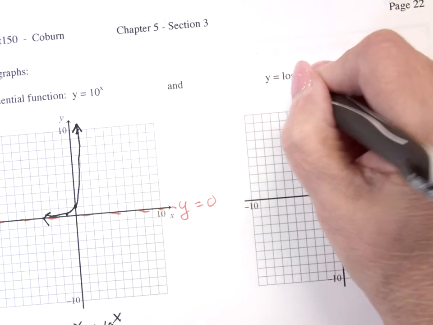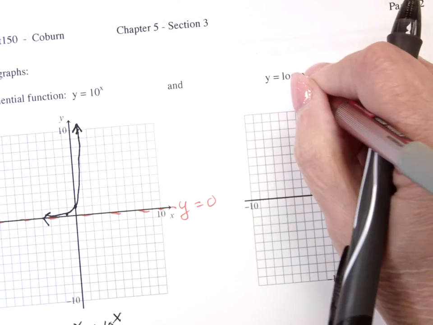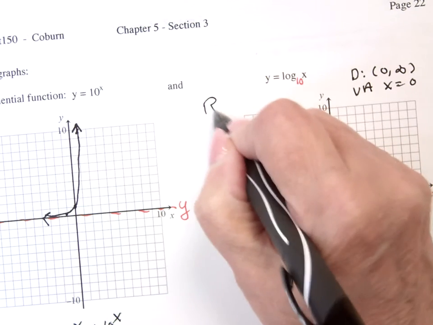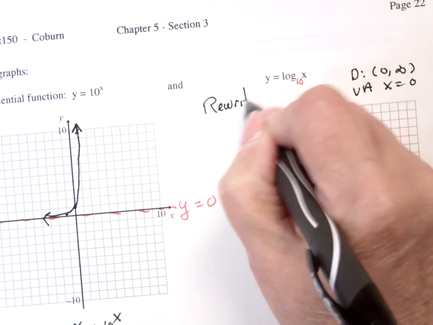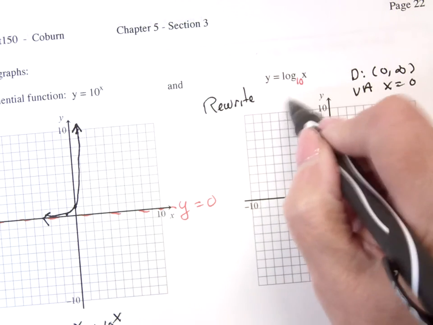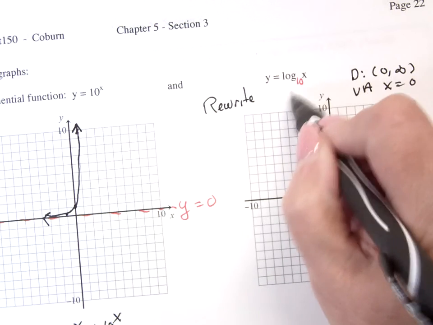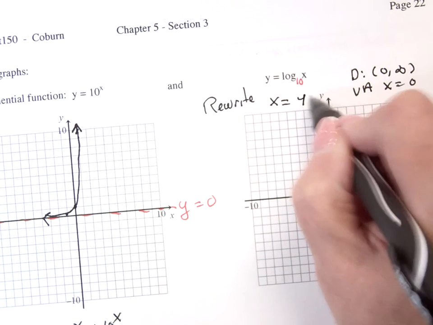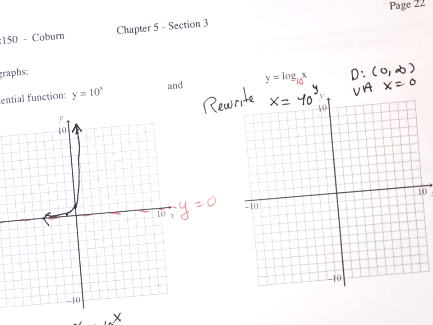The base on this logarithm is 10. So I'm going to rewrite this as x equals 10 to the y power. I know that's a squirrely looking 10, and that's because I almost wrote a y.